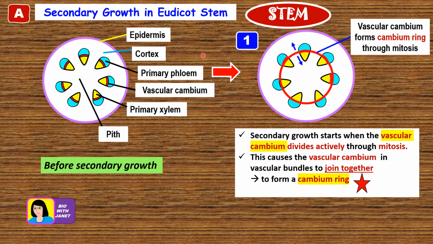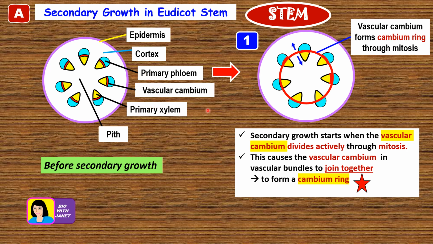Let us now discuss secondary growth in a eudicot stem. Before secondary growth, the cross-section of the eudicot stem looks like this. It has a layer of epidermis, then cortex, primary phloem, vascular cambium, primary xylem, and pith. These are the primary tissues that are produced during primary growth.